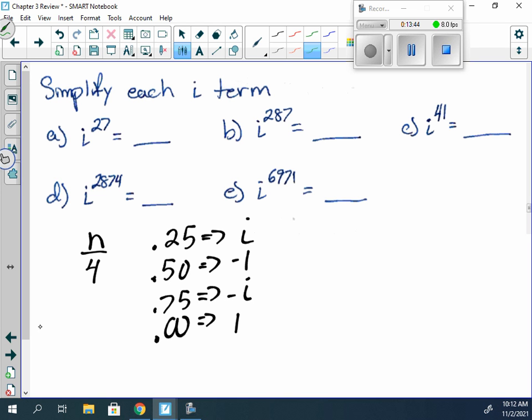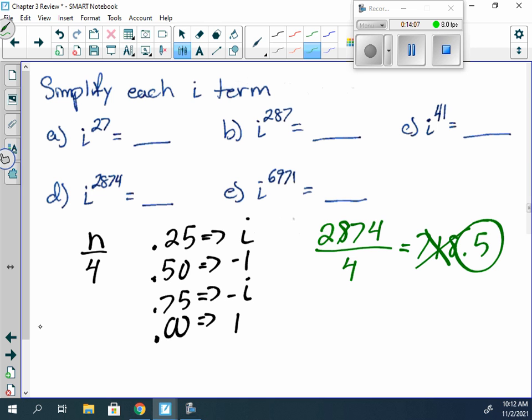Which one of these do we want to look at? Okay, so we can take 2,874 and divide it by 4. 718.5. I don't care about 718, but the 0.5 tells me that it is negative 1.